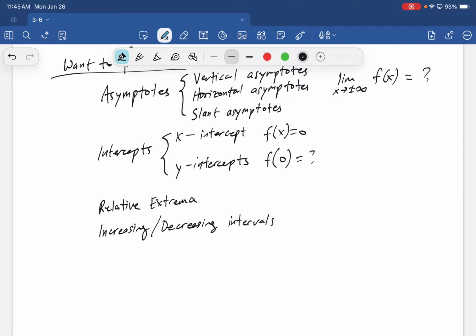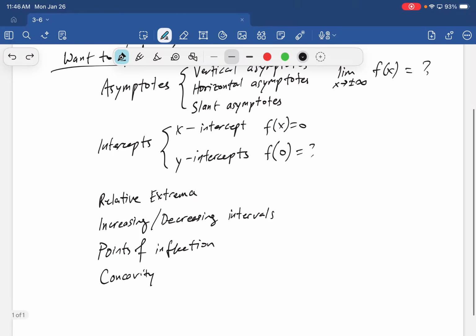And then finally, we also want to find the points of inflection and concavity. We learned all of this. We learned how to find it. But now we're just trying to put everything together and figure out how we use this information to actually graph functions. It just takes quite a long time. But it's cool, you know? You don't have to use a calculator to graph. You can just use your brain.